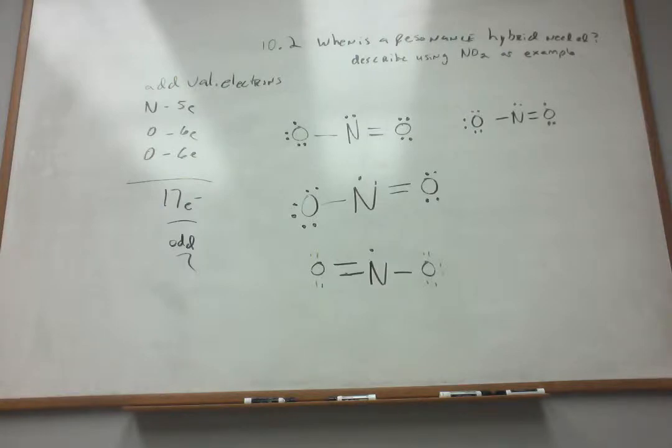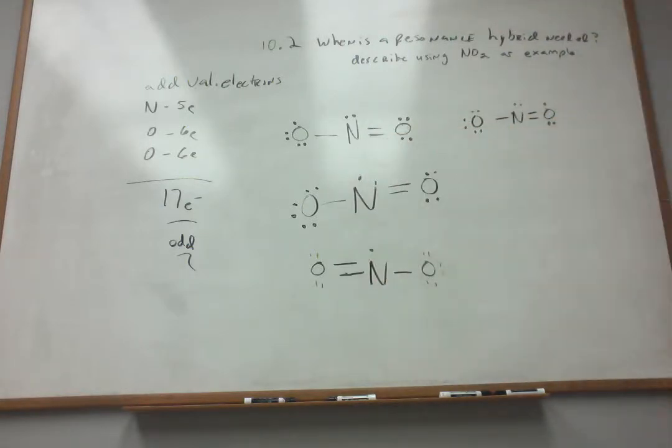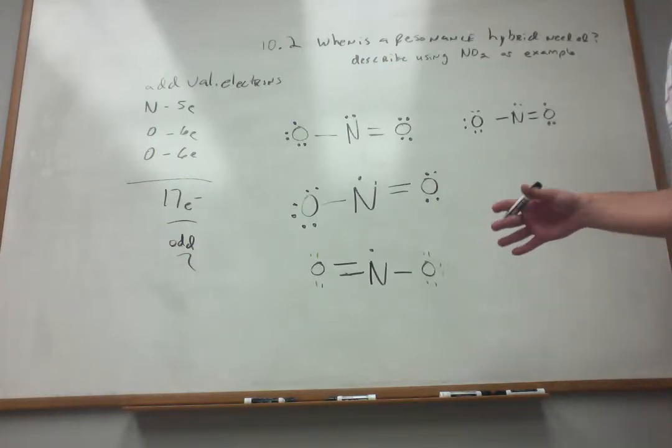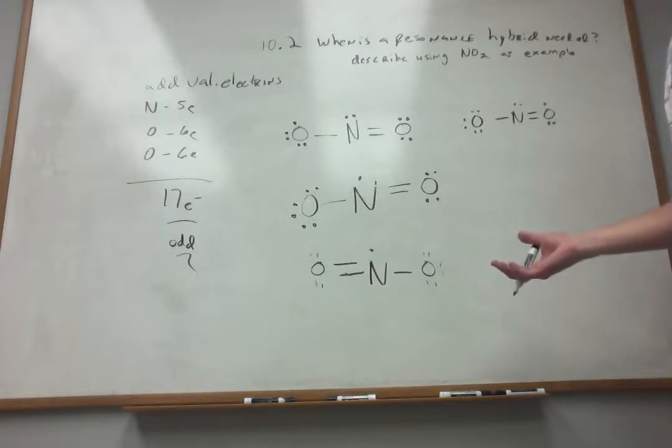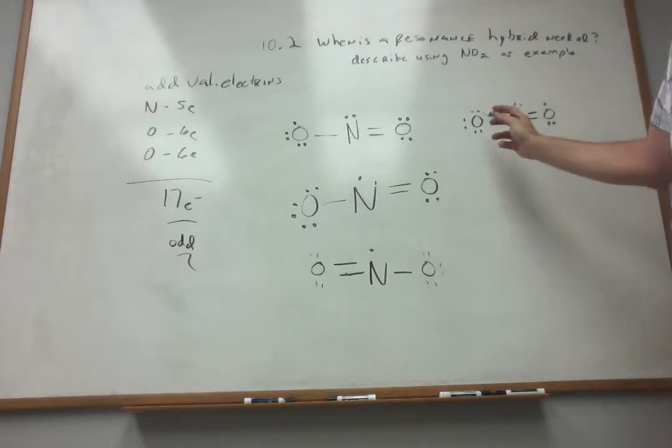And of course I could flip-flop the double bond and steal electrons from different places, and so on and so forth. So I guess what I'm getting at here is that this NO2 molecule can actually, theoretically at least, exist in many different forms. And I think all of these have the same number of valence electrons, right?